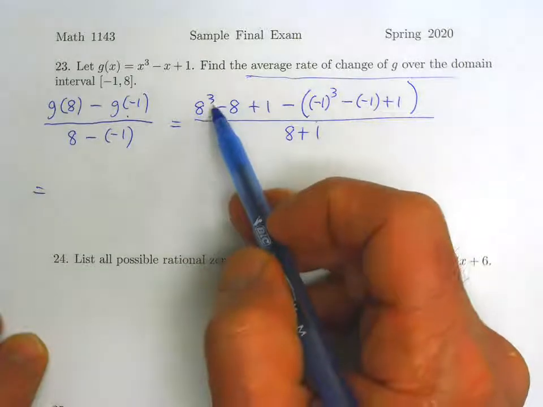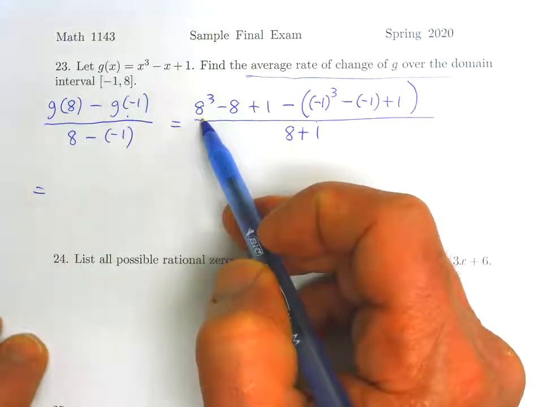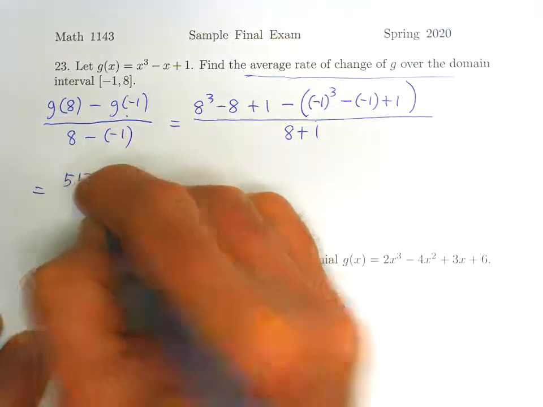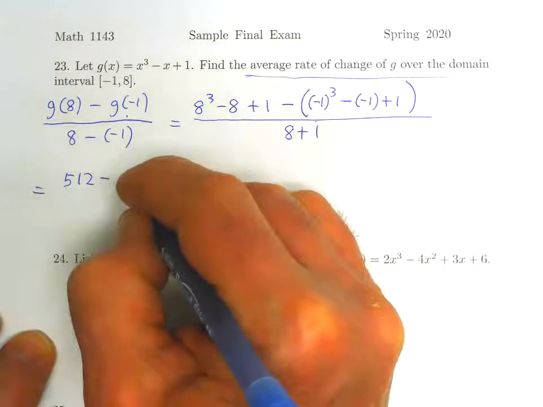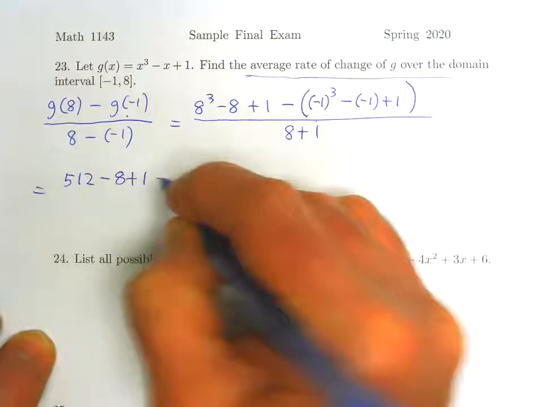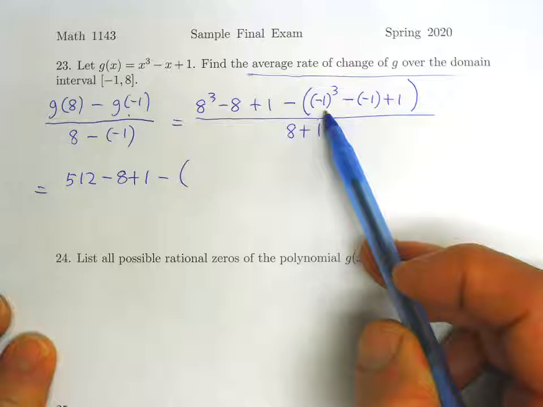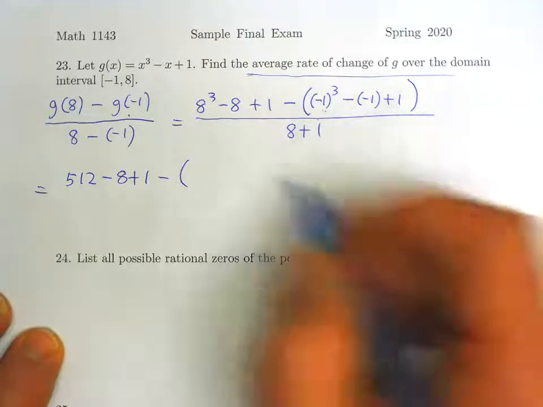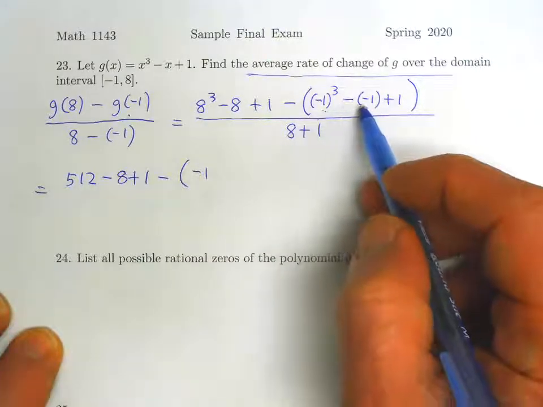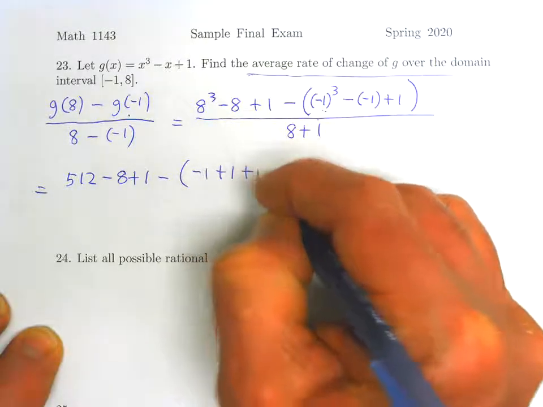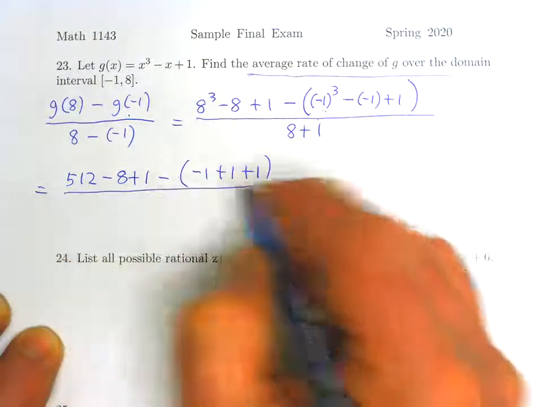Okay, 8 to the third, that's 8 times 8, 64. 64 times 8 is 512. Minus 8 plus 1, minus, and then we'll do some arithmetic inside this set of parentheses. The number negative 1 to the third is negative 1, and we're subtracting negative 1, that's plus 1, and then plus 1, all divided by 9.